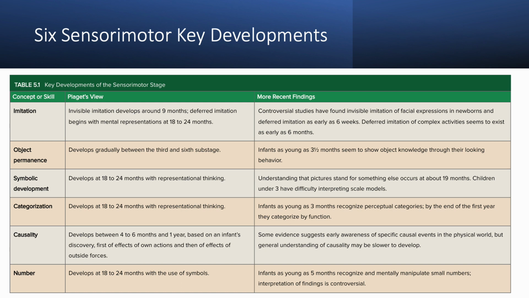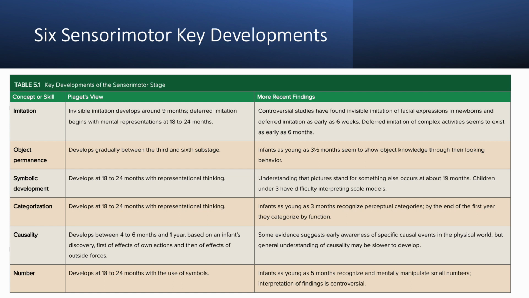Deferred imitation of complex activities seems to exist as early as 6 months. Object permanence develops gradually between the 3rd and the 6th months. Infants as young as 3.5 months seem to show object knowledge through their looking behavior. We're going to discuss this a little bit more later.